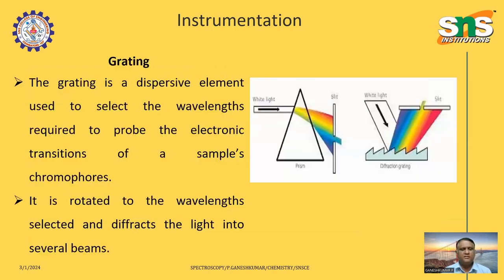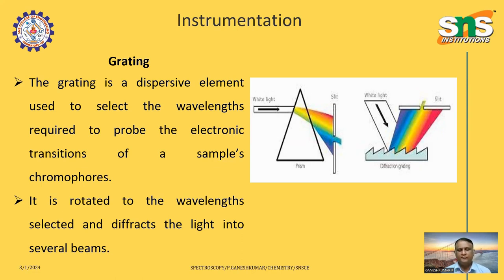Now in this session, we will discuss the grating. I think you're able to see the diagram. In a prism, white light enters, dispersion takes place, and it splits into several colors.